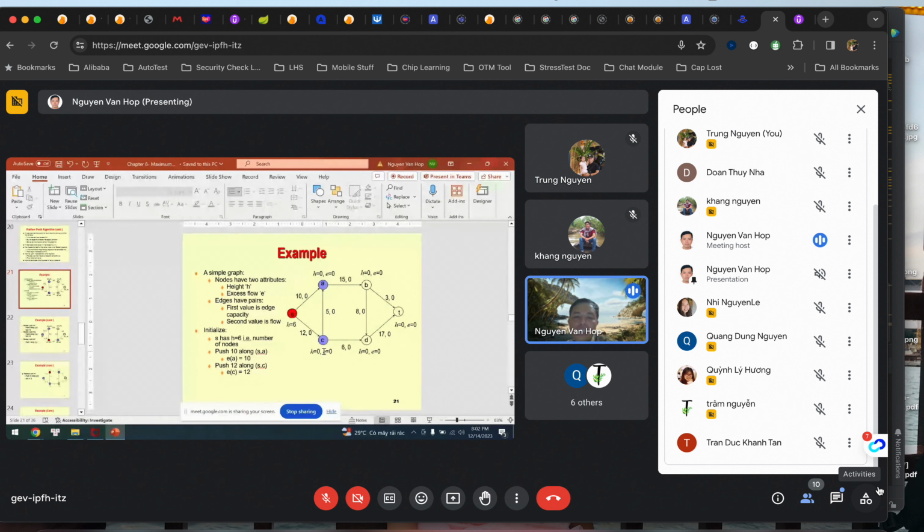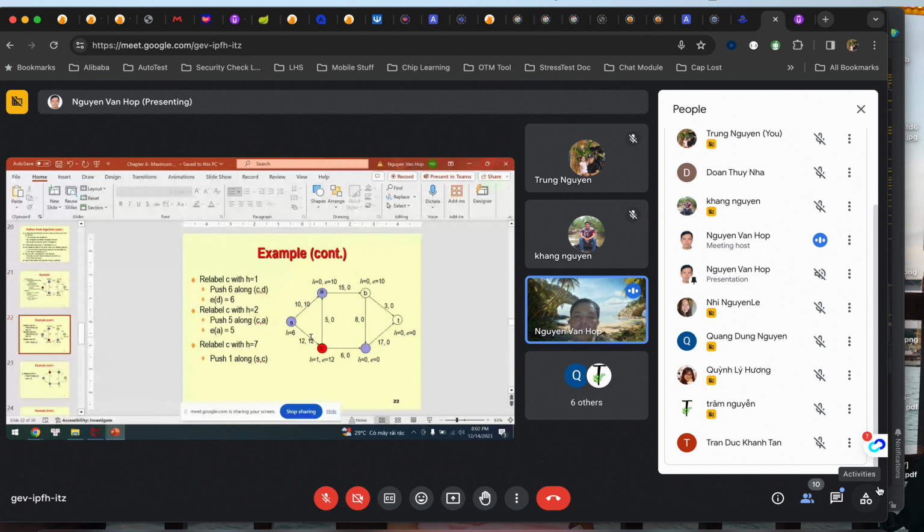Therefore, the excess values of these nodes will be 10 and 12. Okay, like this. The excess value of A will be 10, and the excess value of C will be 12. And we put it here, 10 and 12. Okay, that's the first thing.